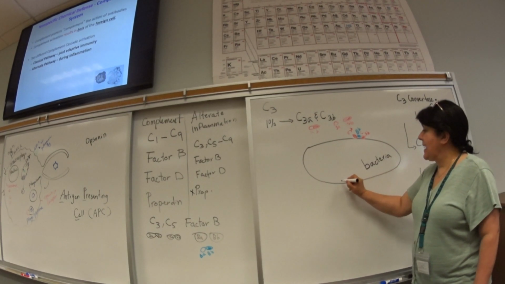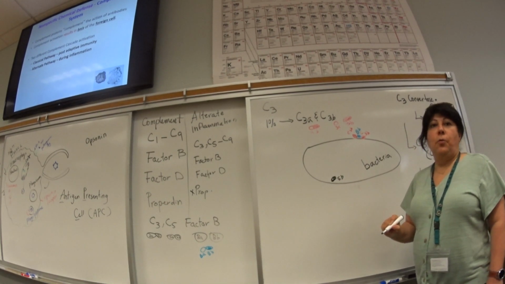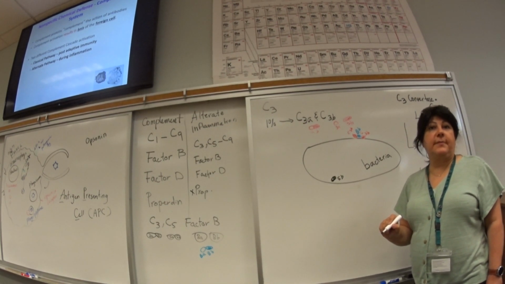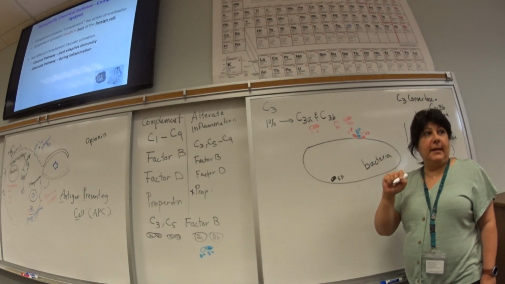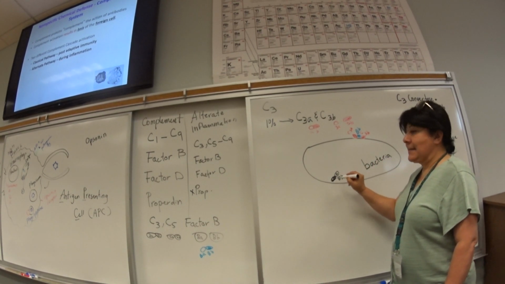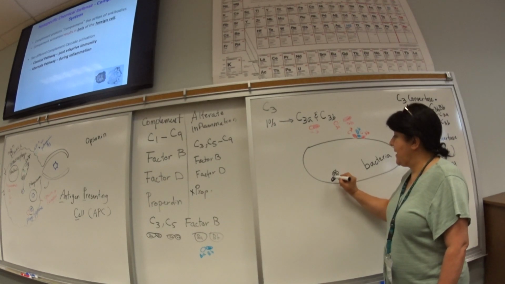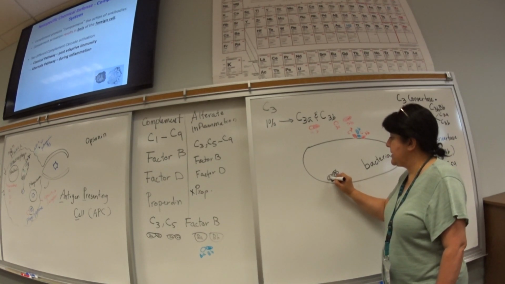5Bs come and attach to the surface here. When 5B is attached to the surface of the bacteria, it attracts one C6. C6 will attract a C7. C7 will attract a C8.